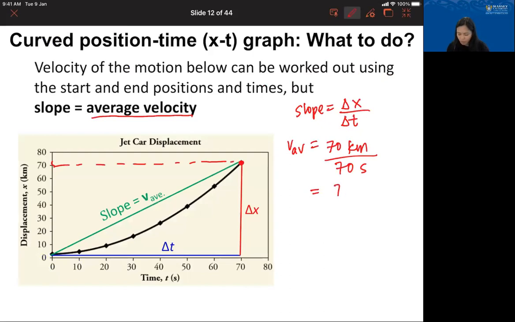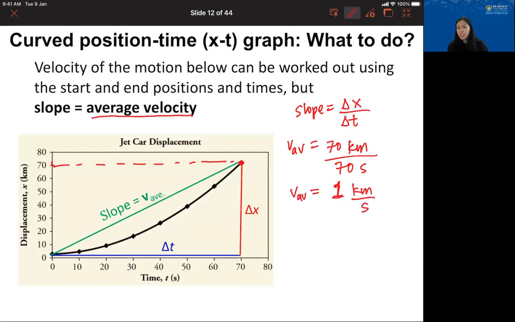So that will be about 1 kilometer per second. Okay. For now, because we haven't learned about converting units, we can write this as 1 kilometer per second just to figure out the average velocity.